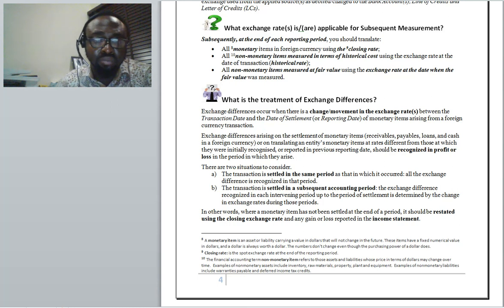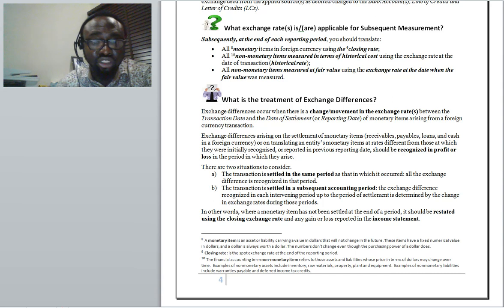Okay, but if the gain or loss is attributable to translation of items that are held or measured at fair value, such should be reported through other comprehensive income rather than through profit or loss.